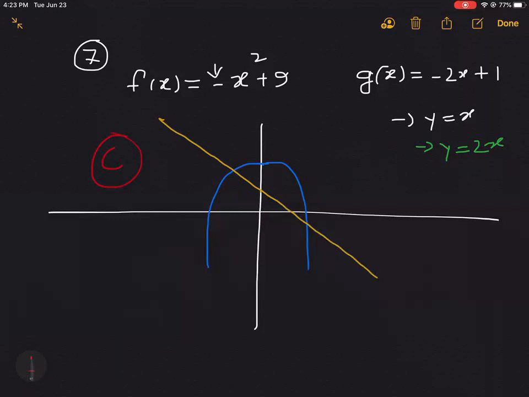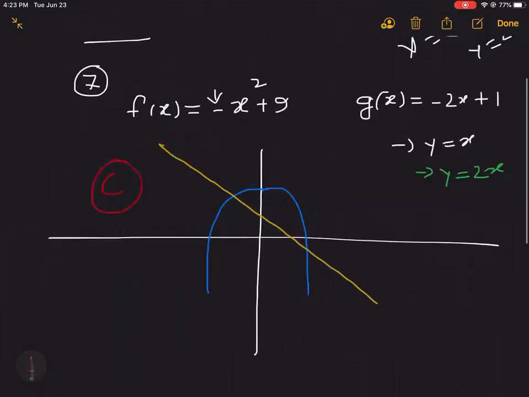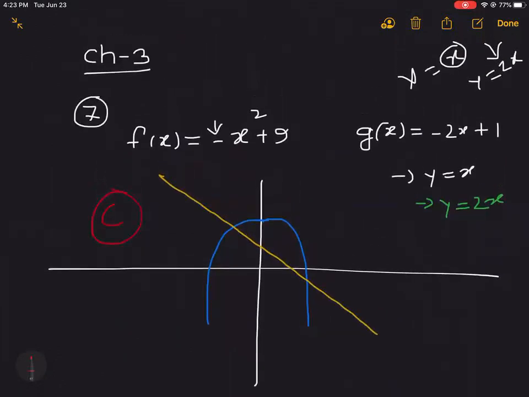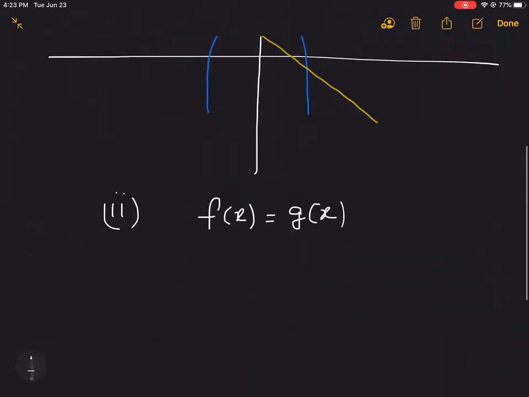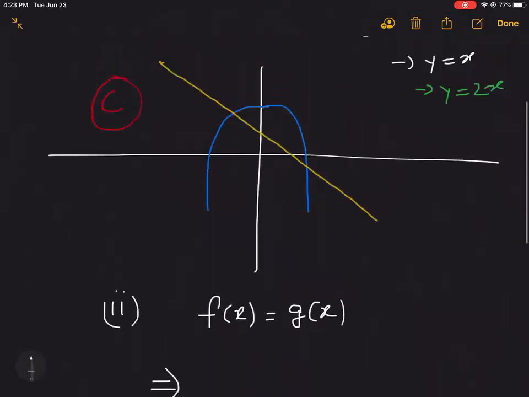It says solve for f of x equals g of x. So that's part 1. Part 2 says solve when f of x equals g of x. And it's really easy. We have seen this in Math 95, 96. We just need to plug in and solve it for x.